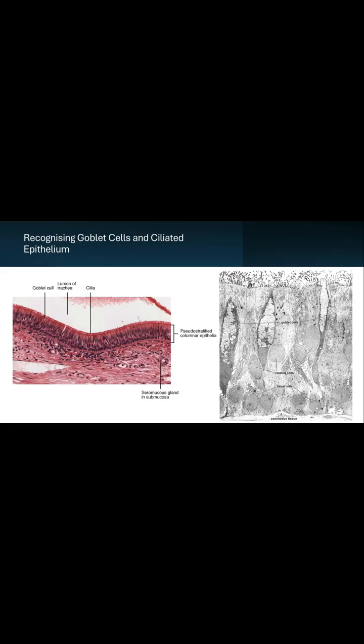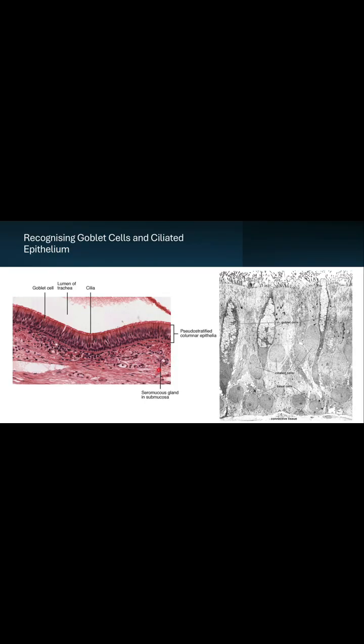Now, if they were to ask you why there are differences in the dyes across an epithelial layer, which is one of the past paper questions that I've come across, you could say that the reason is different chemicals being used for the dyes, but the main thing is that the goblet cells are filled with mucus, whereas the ciliated cells are not. So that is the main distinction you have to make.